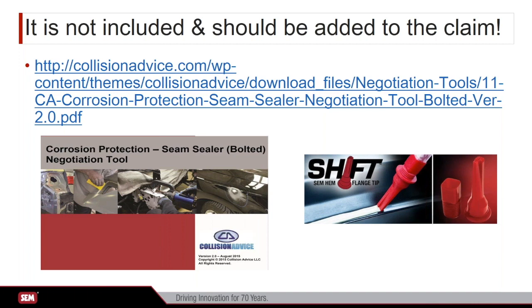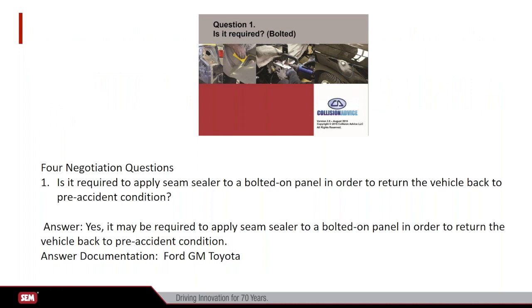I've been doing this for a couple of years now, and I've had some arguments on both sides, and it really depends on what shop estimating suite they're using and what database it pulls from, whether or not it's included. But on a bolted-on part, I can tell you, is it required to apply seam sealer to a bolted-on part in order to return the vehicle back to pre-accident condition? The answer to that is yes, right?